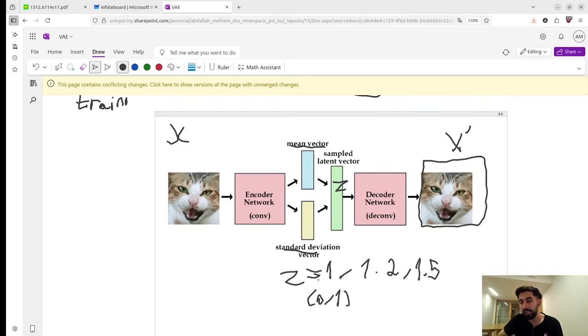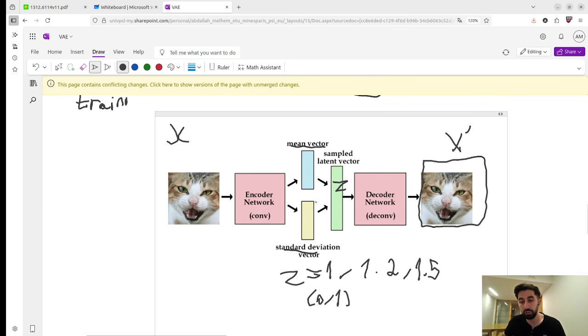Because if we have a network that is random, so every time it outputs a new variable, first of all, I don't know if it exists. To the best of my knowledge, it doesn't. But this network, we can't apply gradient descent, so we can't apply derivatives on such a network. All right, guys? This is mainly the idea.